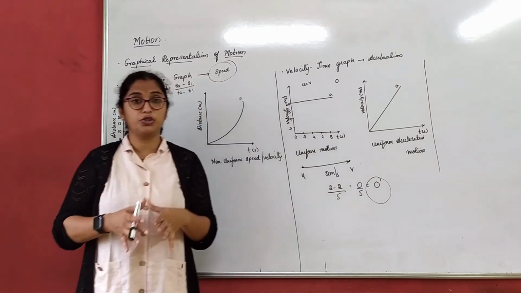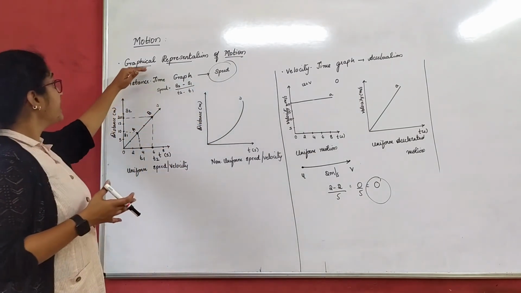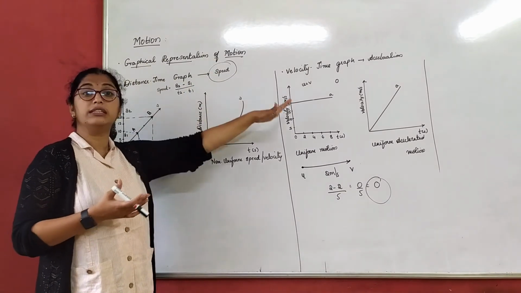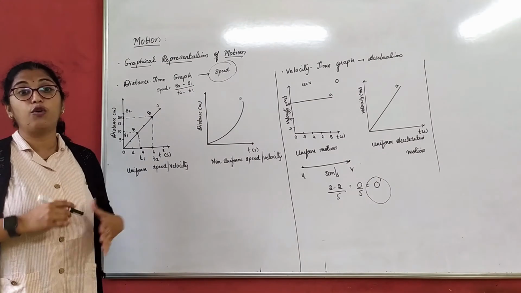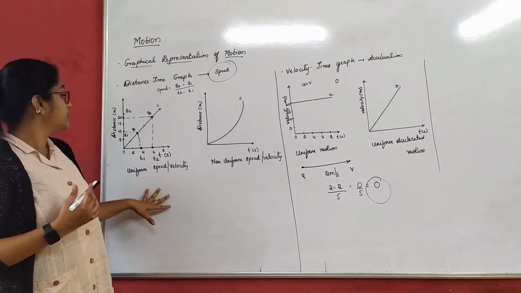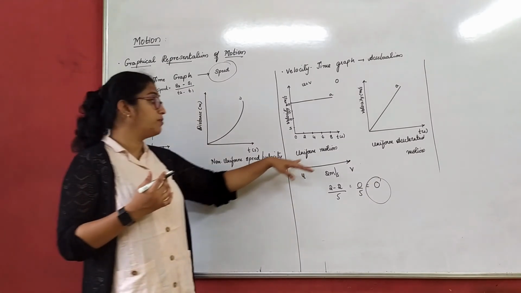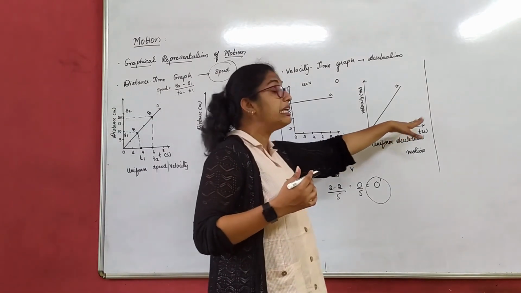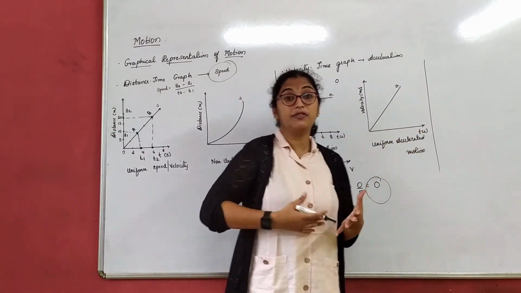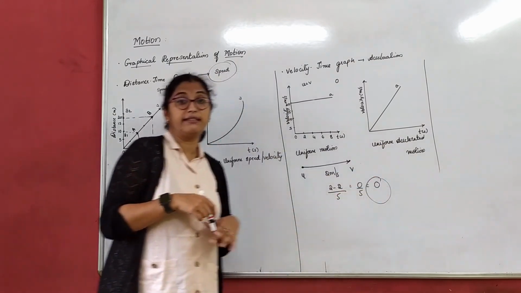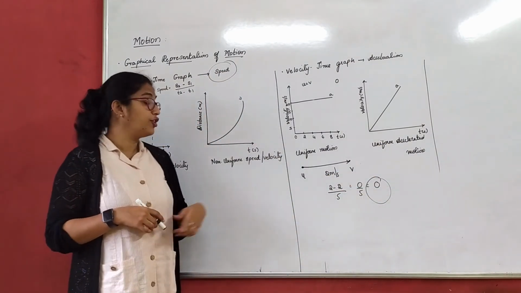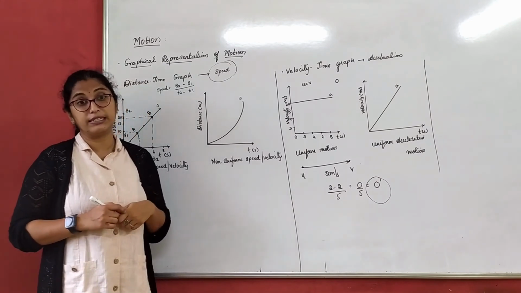So now what you have to understand is that we can graphically represent motion in this way. Sometimes the graph is given, and you need to identify what type of motion it is, whether it is uniform, non-uniform, or uniformly accelerated motion. Otherwise, they ask you to draw a graph for uniformly accelerated motion or for non-uniform velocity.